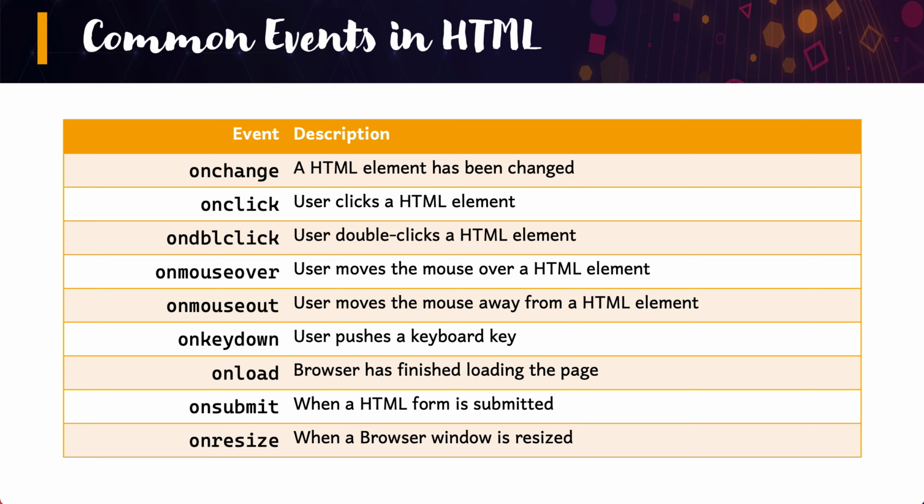These are some popular and commonly used events in HTML. On change, it means a HTML element has changed. It can be text box, it can be anything. On click, user clicks on a HTML element. On double click, this is really double click. On mouse over, on mouse out. On key down, on load.